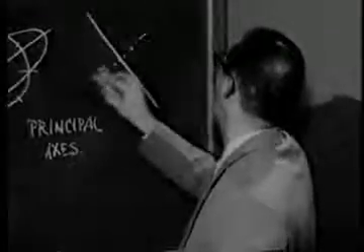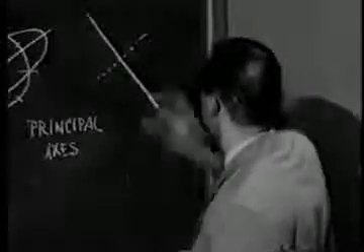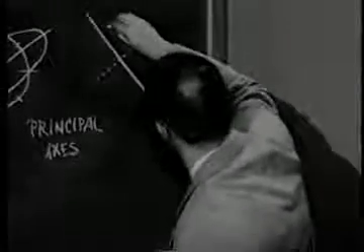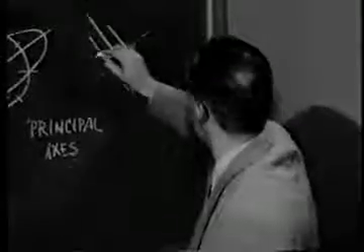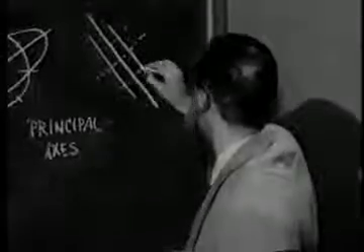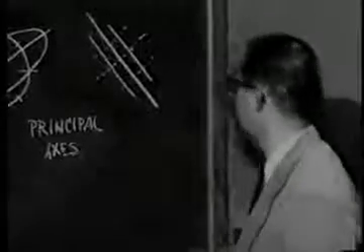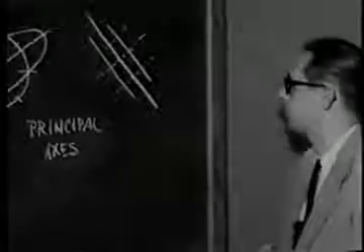We can just put in some lines parallel to the orientation of the axes. Now let's put that on the flow and watch it distort for 25 seconds.